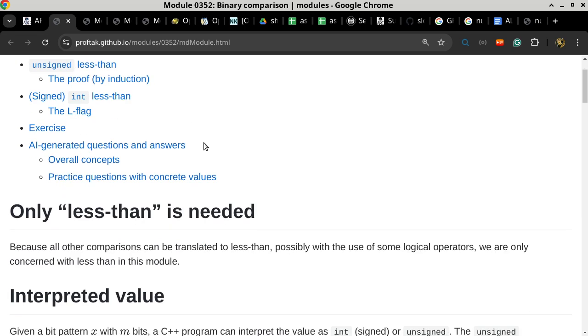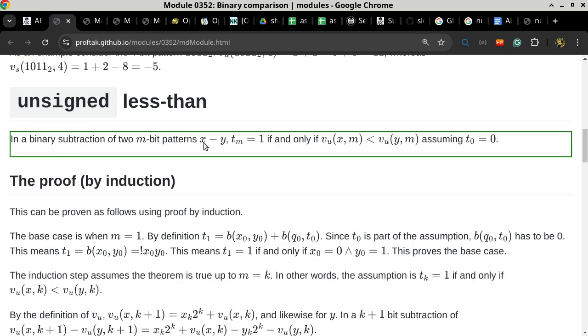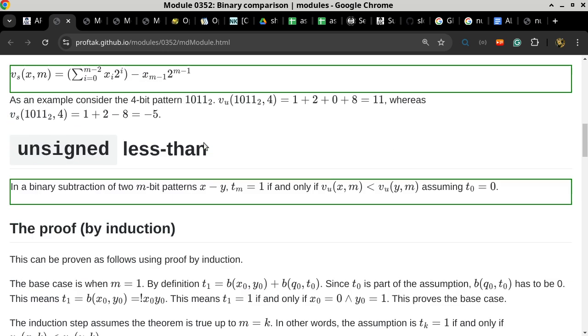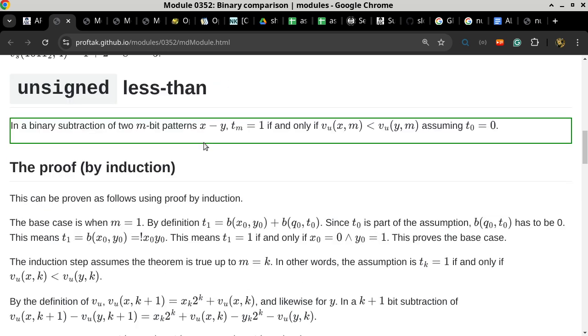This is an interesting module. I like this module because I put green boxes around all the actually important things. Let me retract that statement. The green boxes are the things that are important in the short run, but the whole module is important in the long run.